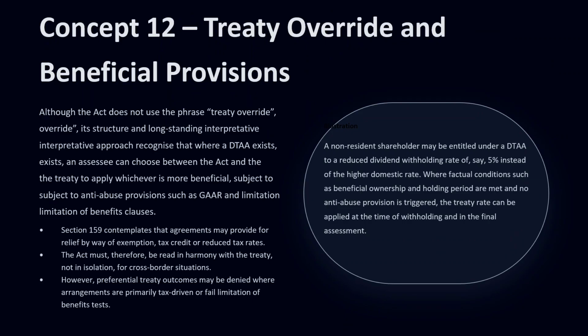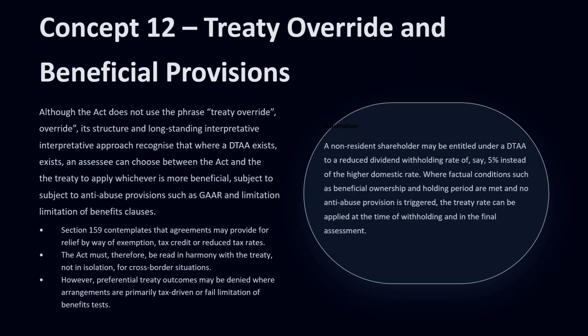So let's proceed to our next concept, concept number 12, which talks about the treaty override and the beneficial provisions. So, guys, although the Act does not use the phrase treaty override, the scheme of Sections 159 and 160 and the long standing practice in India recognize that where a DTAA exists, a taxpayer is entitled to choose between the Act and the treaty and apply the provision which is more beneficial to the taxpayer.